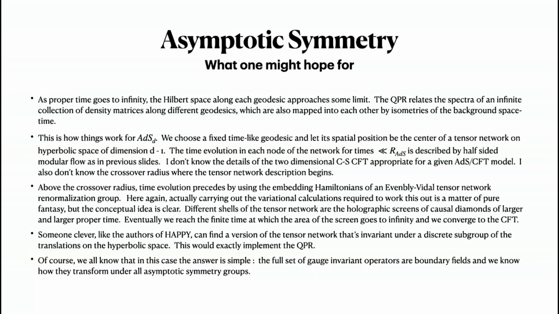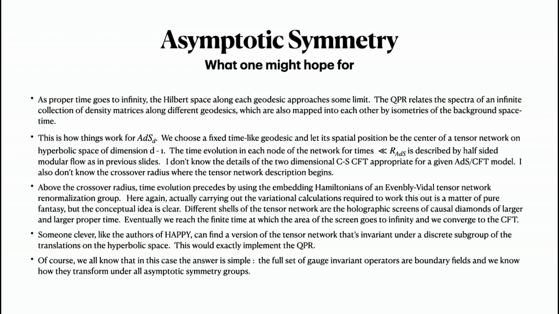Now, the way that seems to work in AdS/CFT is the following. Once you get to something of order the anti-de Sitter radius, these embedding maps that I told you about, which are the analogs of modular flow, we have a much better picture of what those are.